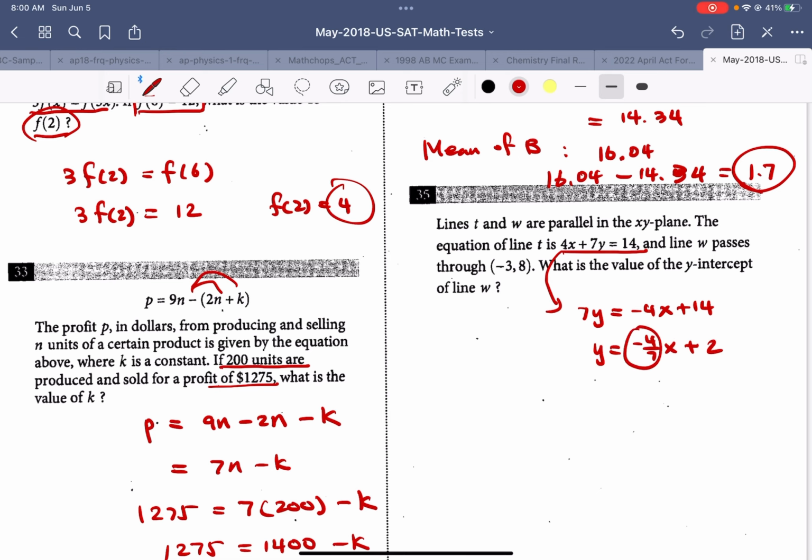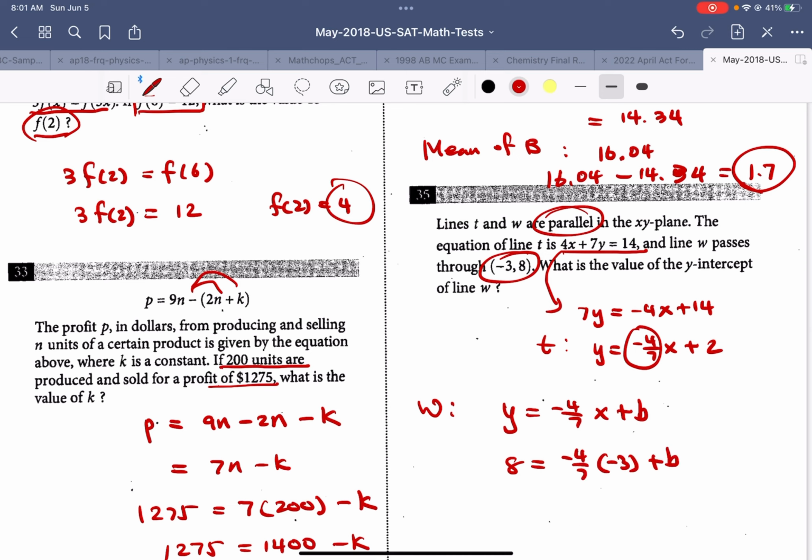So I will take this as the slope. They are parallel, and parallel means those two lines have the same slope. Now you can say y equals negative 4 over 7 x plus b. I'm talking about line W here; this one was line T. It passes through negative 3, comma 8, so let's plug it in. 8 equals negative 4 over 7 times negative 3 plus b. 12 over 7 plus b equals 8.